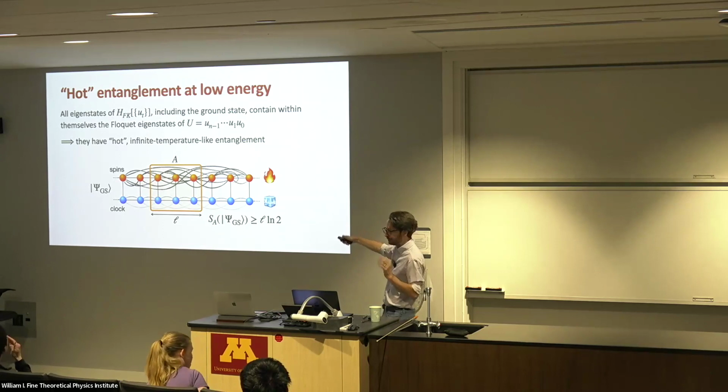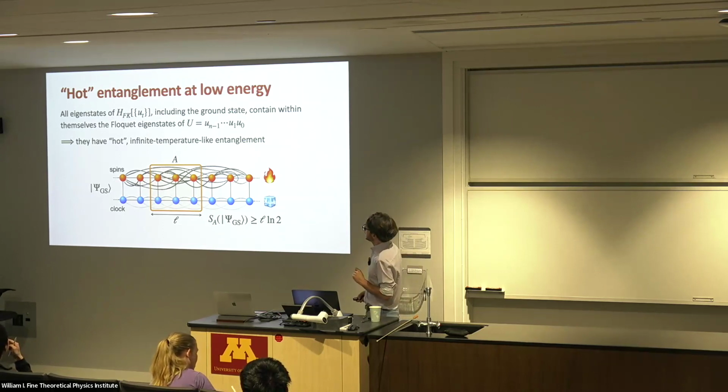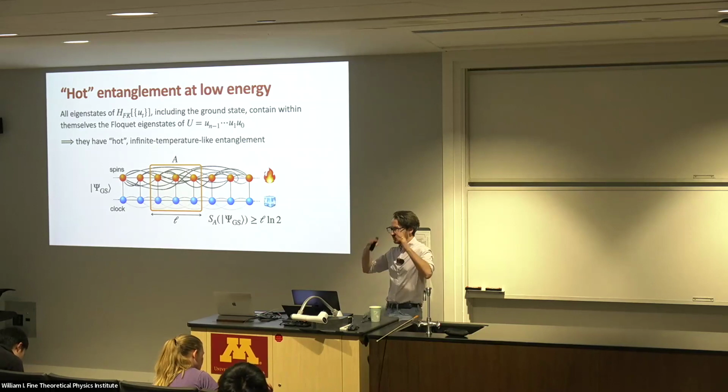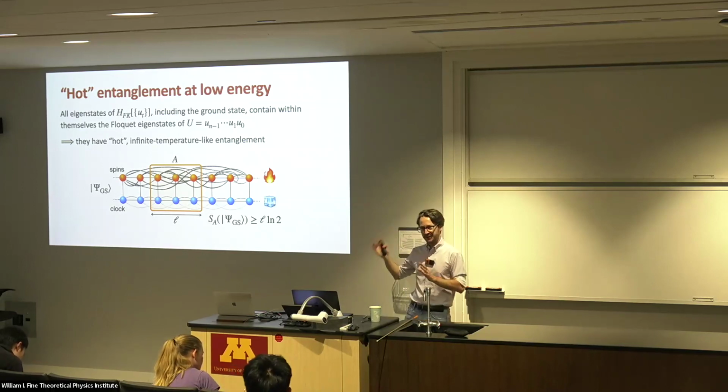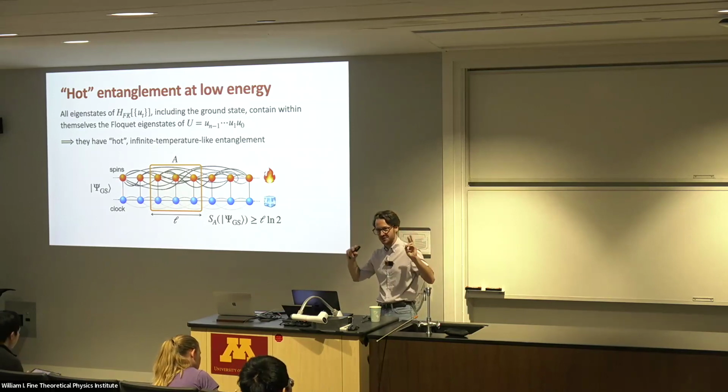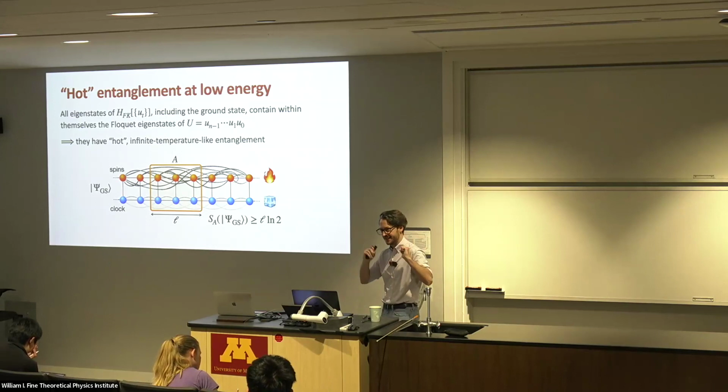The Hamiltonian is local. And the point is that because these eigenstates contain within themselves the Floquet eigenstates of this unitary, they inherit their infinite temperature-like properties. In particular, this extensive entanglement, which is not rainbow-like, but really it's hot in some sense. It's the entanglement characteristic of highly excited eigenstates.